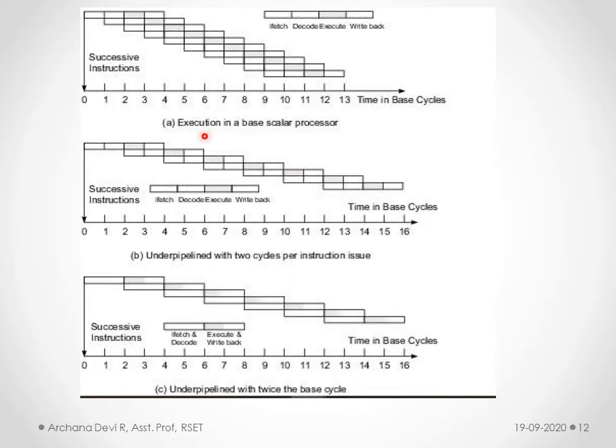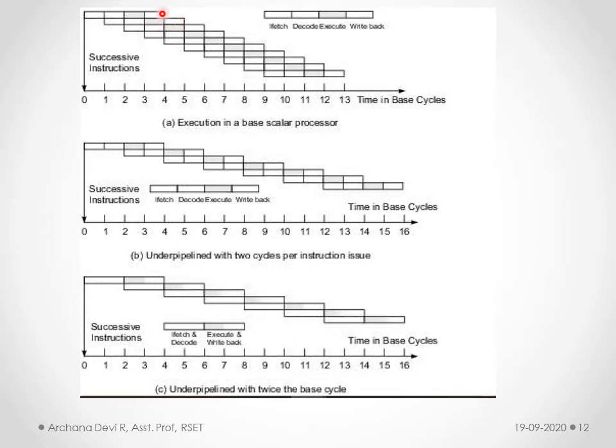Now these are some of the cases of pipeline execution. The first case is the standard one where each phase is executed in one clock cycle. The first instruction is pushed to the pipeline, and when the first instruction is being decoded, the second instruction is pushed to the pipeline, and it goes on. So in every one clock cycle, one instruction is being issued. Each stage takes one clock cycle.